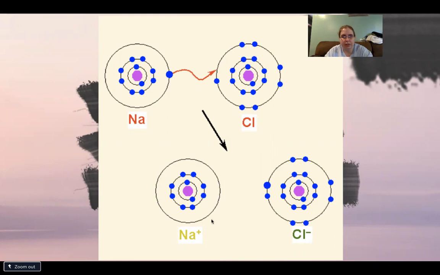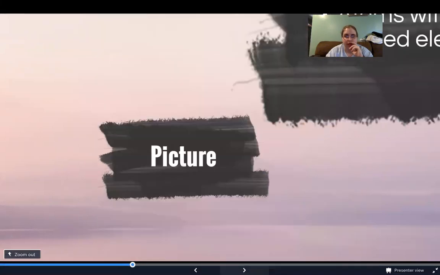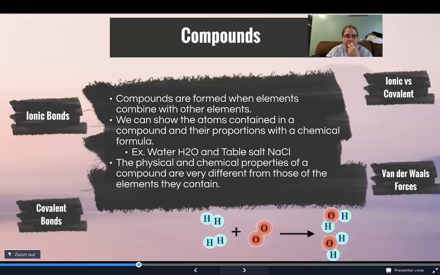If you notice, there is no more electron in the outer layer of sodium, so it has lost an electron and is positive. Here chlorine has gained an extra electron, making it negative. Positive and negative atoms bond together, and we call that an ionic bond.